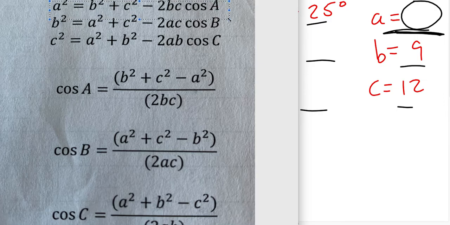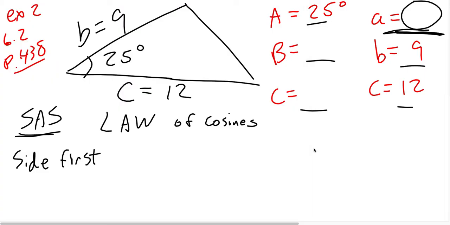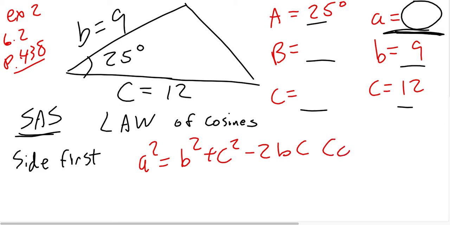A squared should equal B squared plus C squared minus 2 times BC cosine of A. So you just substitute in what you know.